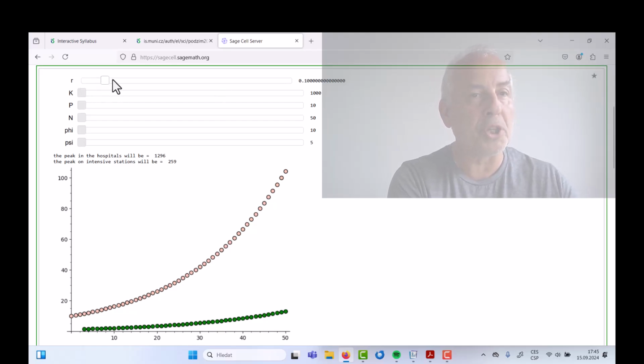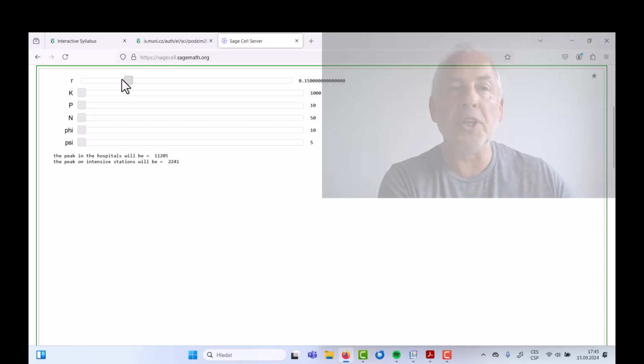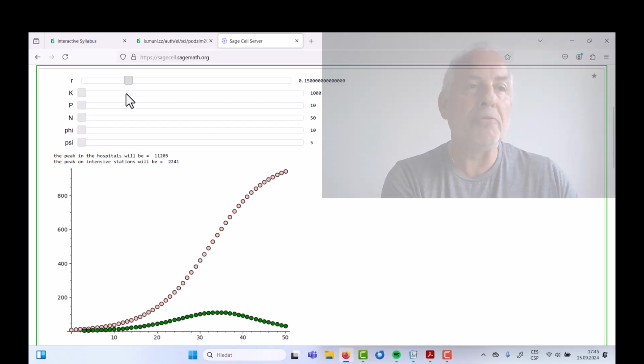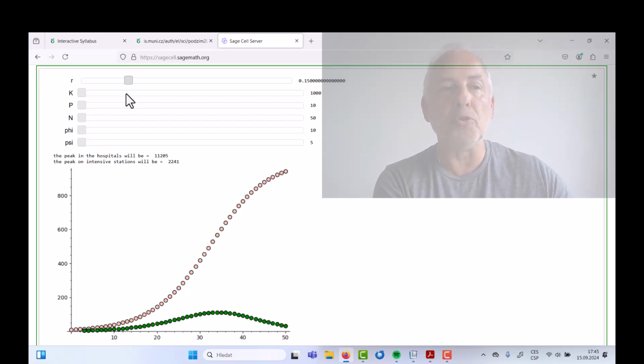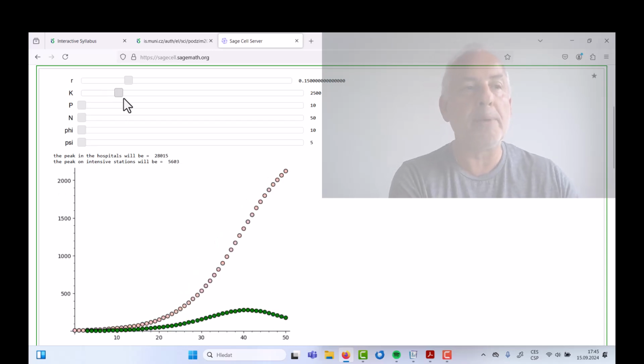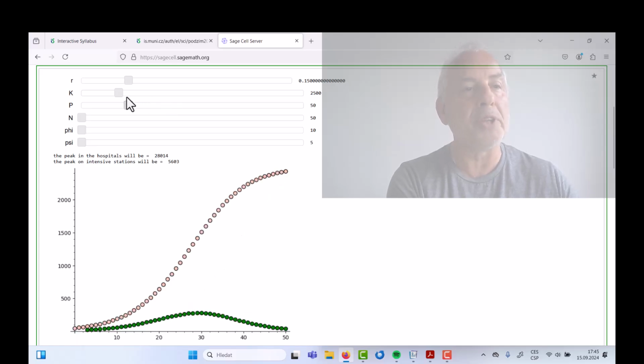So say something like 0.15, the growth of 15%, which is about what would be expected with a flu. Say 1/4 of the population is vulnerable. We should start with something bigger, right? So say 50,000. 50 is the number of iterations.